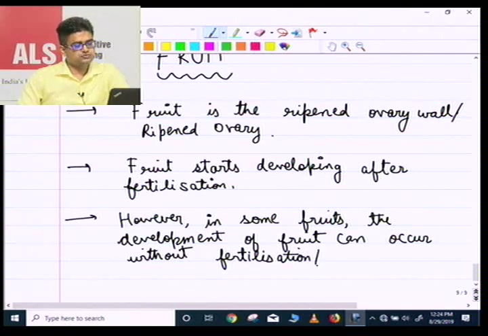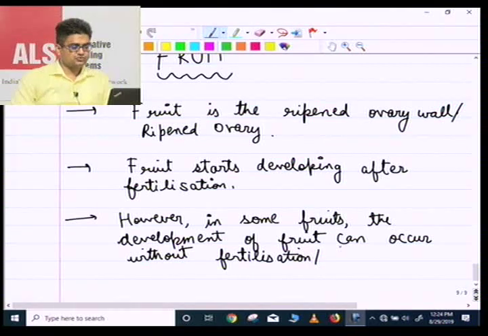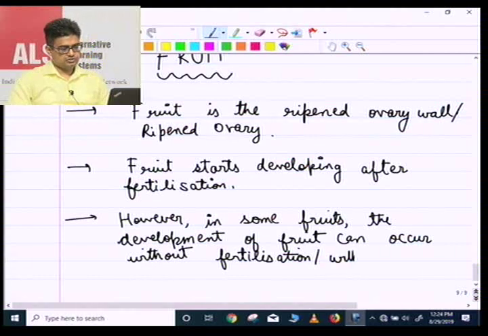So these fruits are called parthenocarpic or seedless fruits, without seed formation.